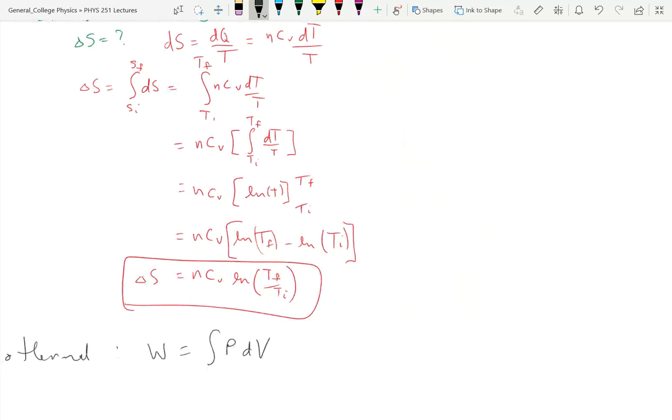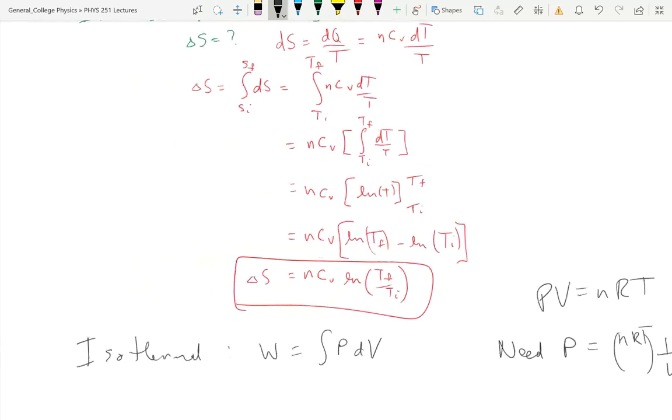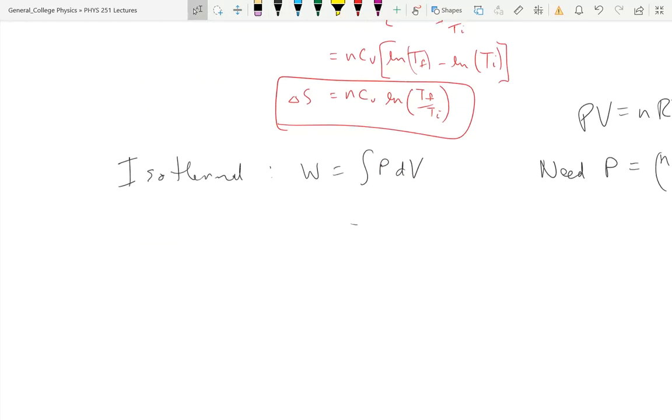So what I need is P equal to some constant times 1 over V. Why do I do that? Because we know if it's isothermal, since PV is equal to nRT, if T is constant, then I can just say P is equal to nRT divided by V. Since T is constant, I can put this in, and now I have something I can integrate.